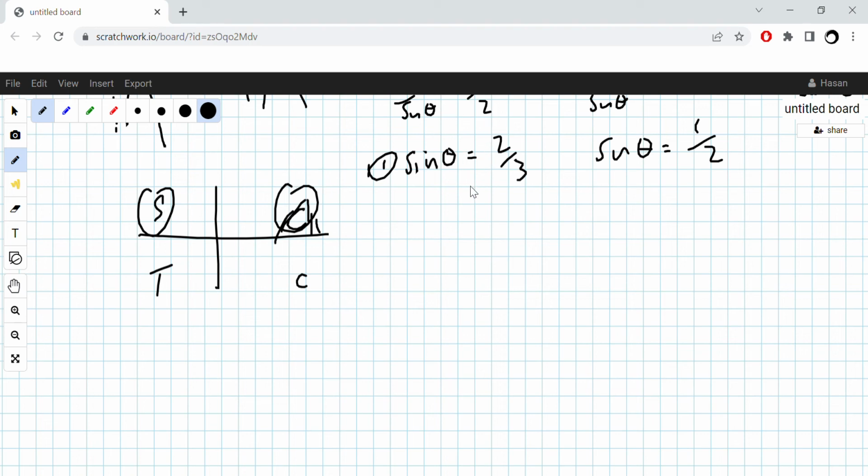Plug in sine minus 1 of 2/3 in your calculator, and you should get 41.8 degrees, which corresponds to this, and over here, because this one counts too, this is 41.8, and you want this whole angle over here. So 180 minus 41.8 is 138.2. So for this it's 41.8 and 138.2.